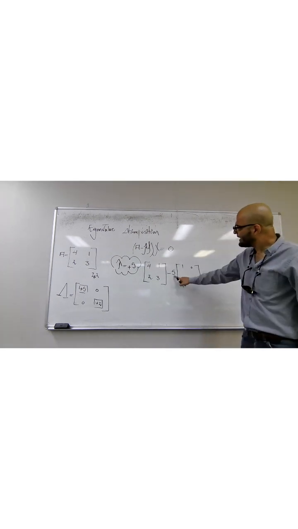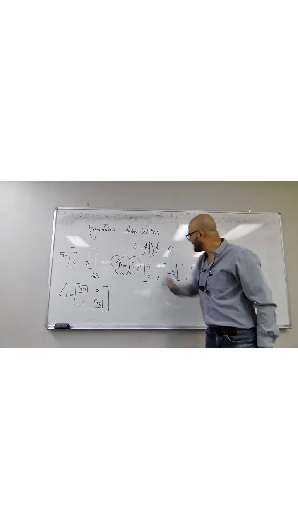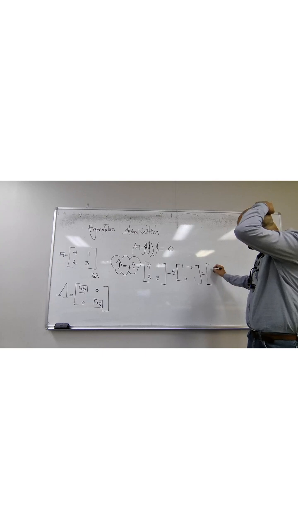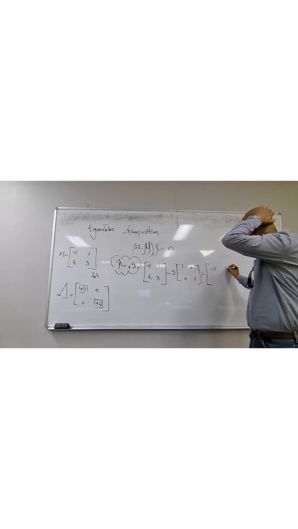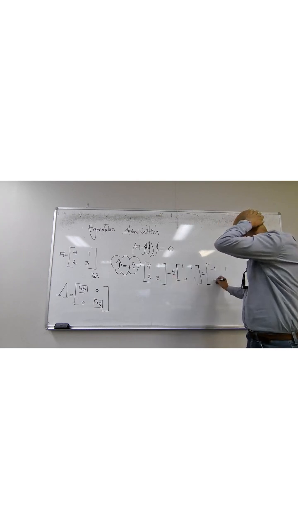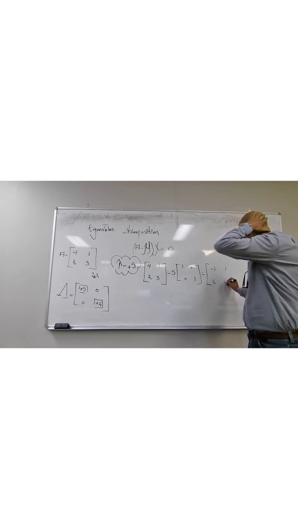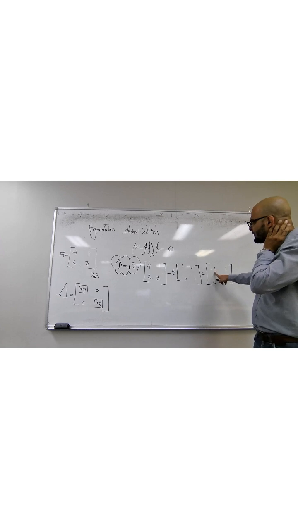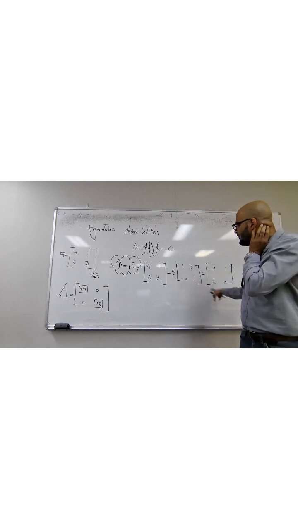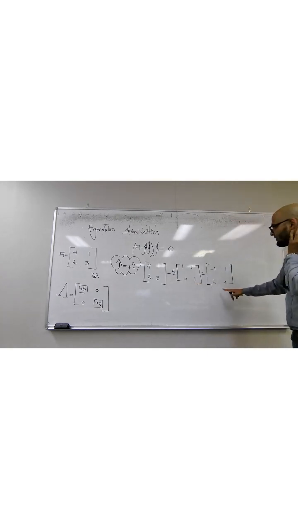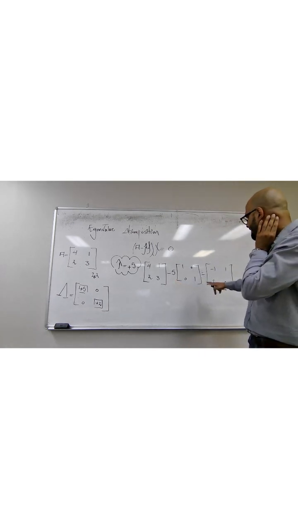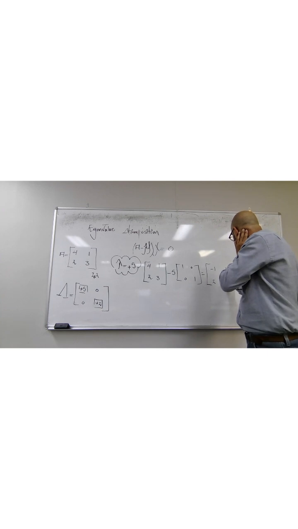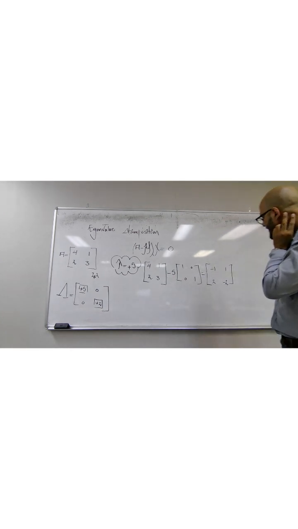This is exactly this equation. When lambda is 5 and I is given and A is given, then what do I have? 4 minus 5 becomes minus 1. 1 minus 0 becomes 1. 2 minus 0 becomes 2. 3 minus 5 becomes minus 2.